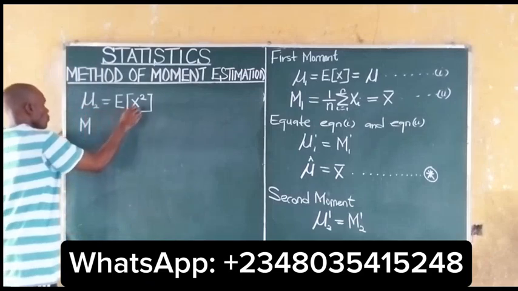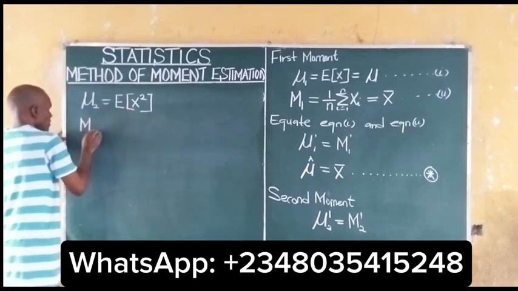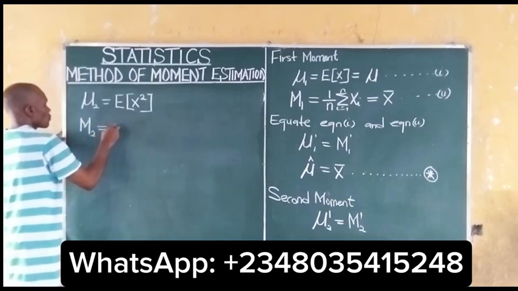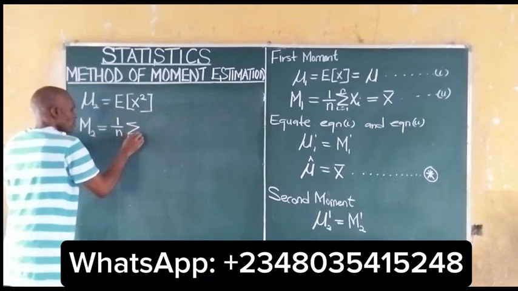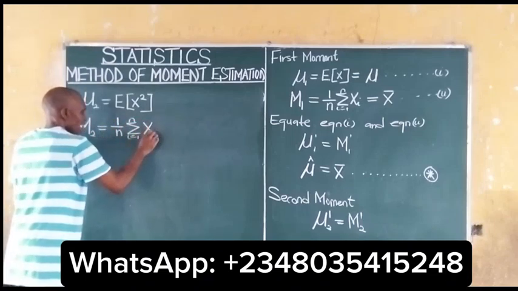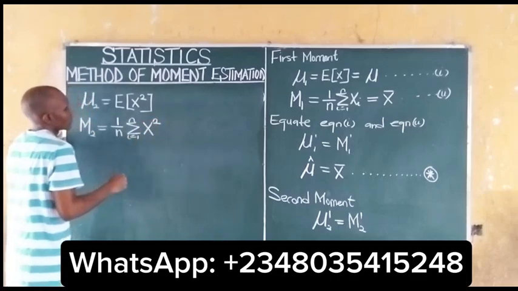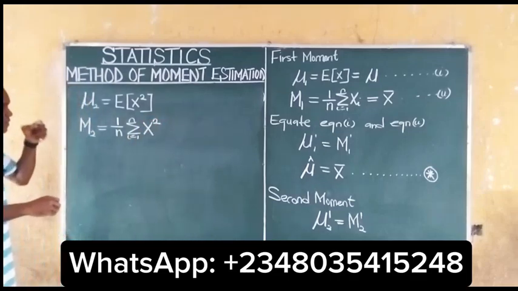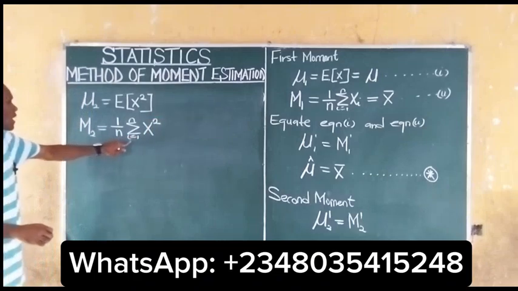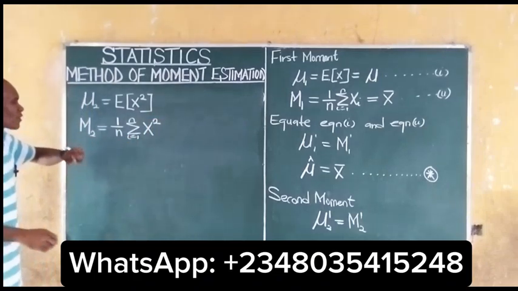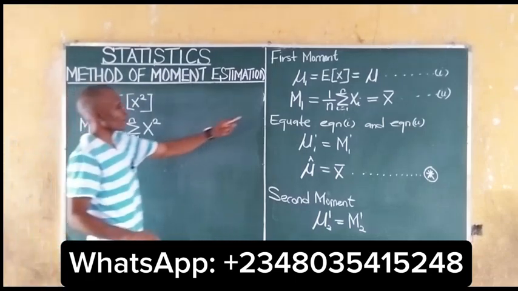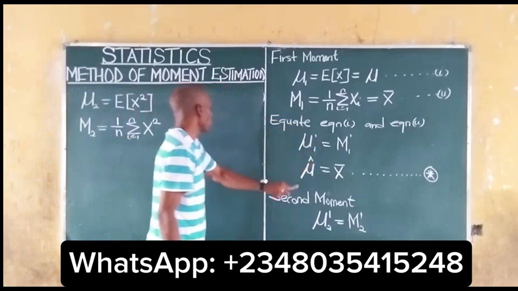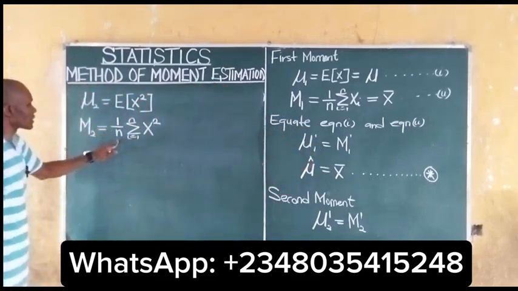Our sample moment is equal to 1 all over n summation as i runs from 1 to n of x squared. So this is our sample moment for the second moment. For the first moment we have this, so for the second moment to be this.